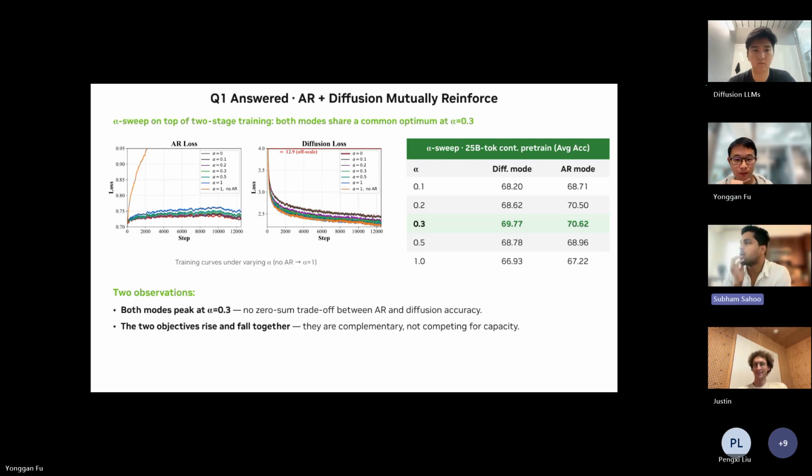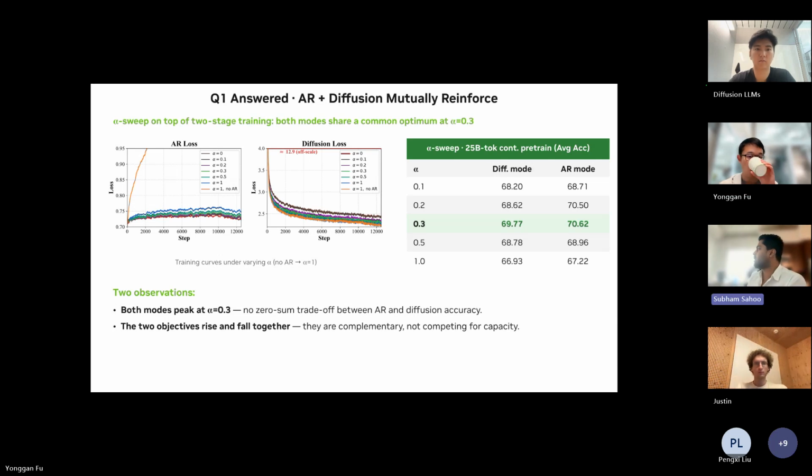Okay, so you start from that checkpoint, and in the paper you say you train the model in the AR mode for 1 trillion tokens. Yes. And then you do diffusion training for 0.3 trillion tokens, right? Yeah, 0.3 trillion tokens.